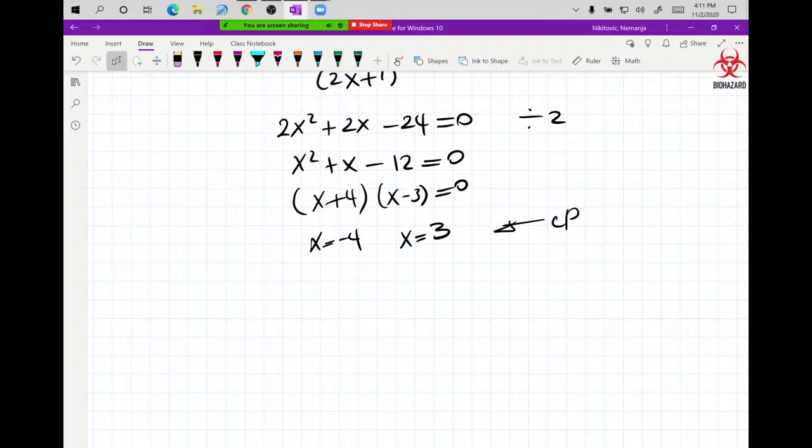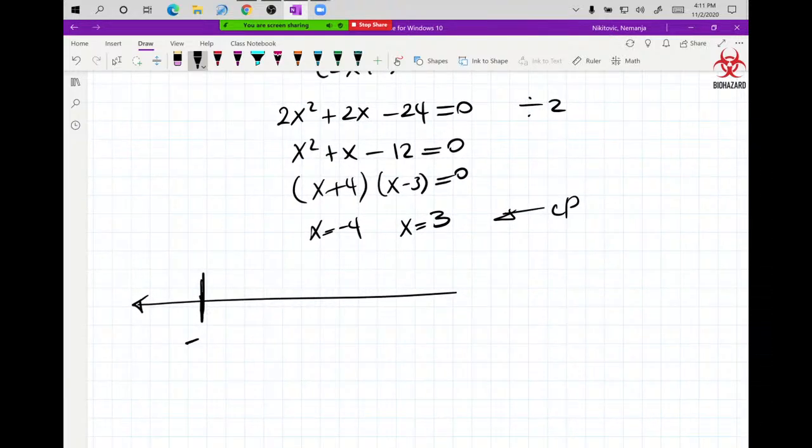So we'll have to be careful about that. When I partition, I need to partition at -4. I need to partition at -1/2. That's the vertical asymptote. I need to partition at 3.